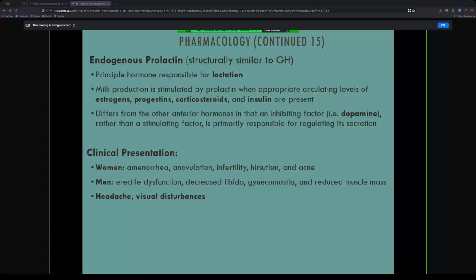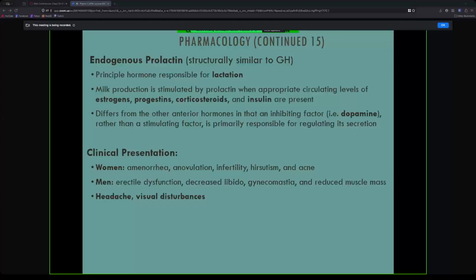So it's not under stimulatory control like the rest of the hormones from the anterior pituitary. That's why everything that blocks the dopamine raises the prolactin, whether that be other drugs or some compression at the stalk between the hypothalamus and pituitary.